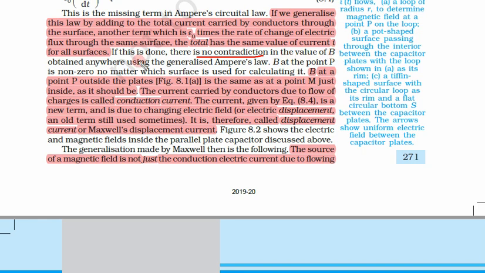So B, the magnetic field obtained anywhere using this generalized Ampere's law, will be the same. B at the point P is non-zero no matter what surface is used for calculating it. What is the meaning of this paragraph?